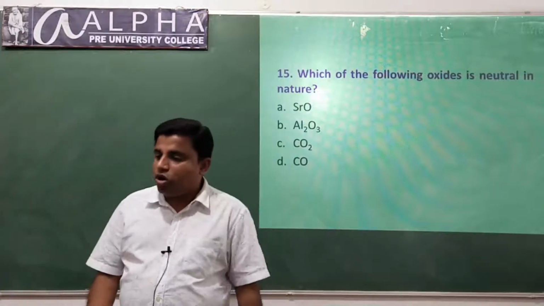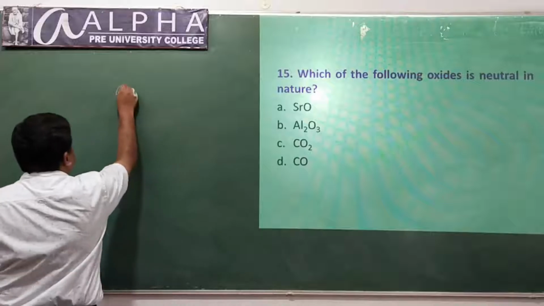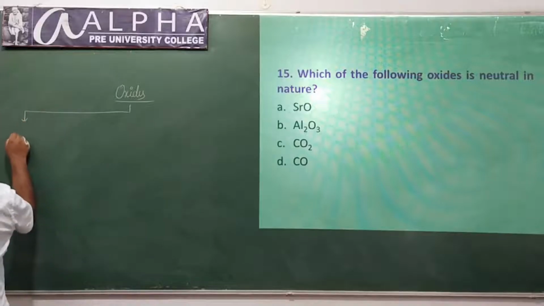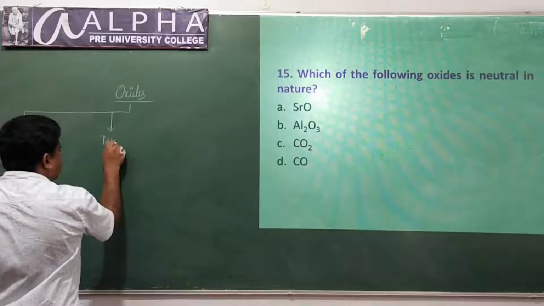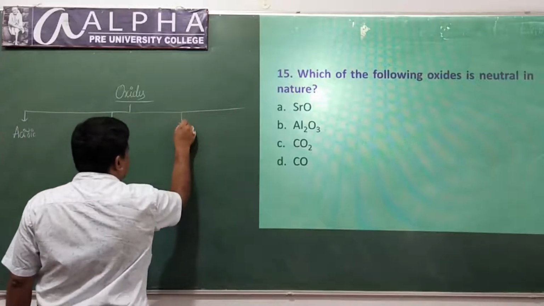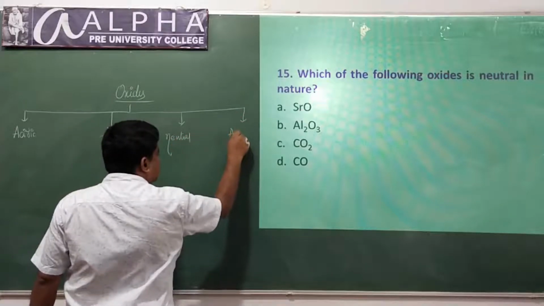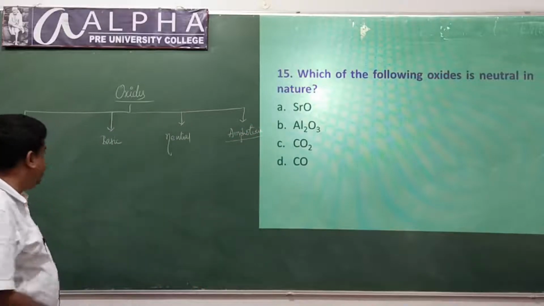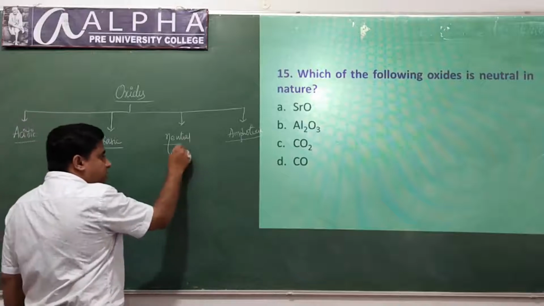Remember one thing: oxides can be acidic, oxides can be basic, oxides can be neutral, and also oxides can be amphoteric.